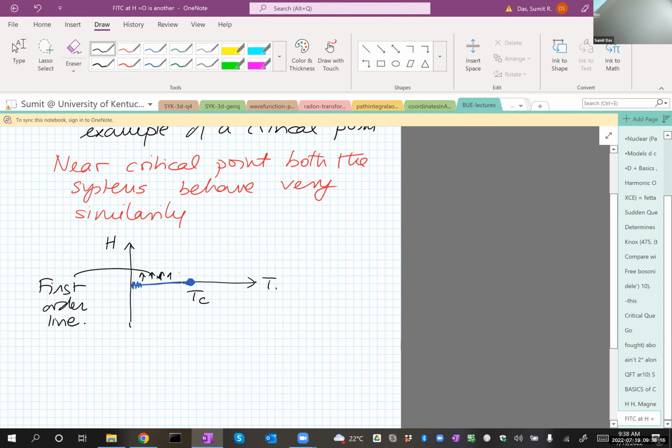It can have terms which do not depend on derivatives of m with respect to x, and it can have terms which contain gradients of this quantity m of x.